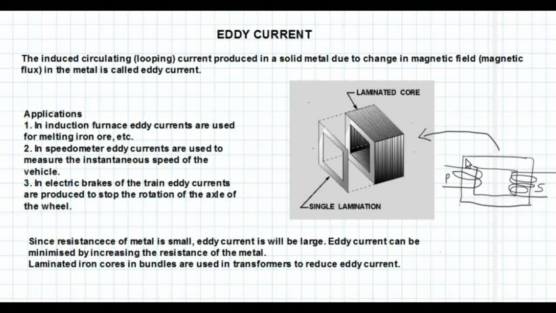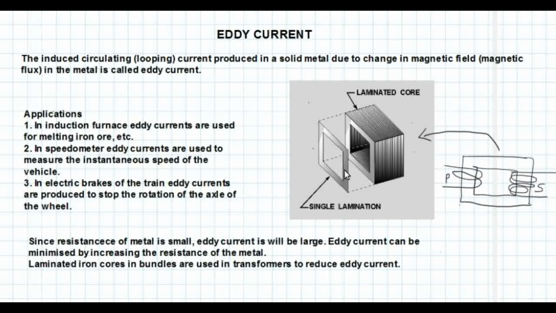So instead of using a huge metal block, we are taking it in the form of laminated cores, right? Each of these frames will be laminated, or insulated from one another using some kind of varnish, so that each section is not making any contact with the neighboring section.